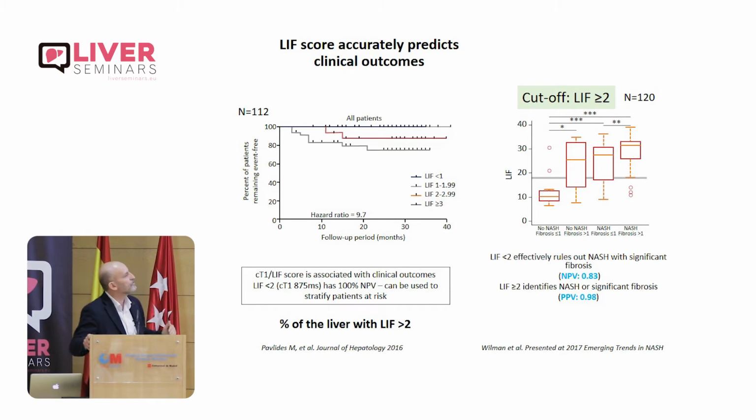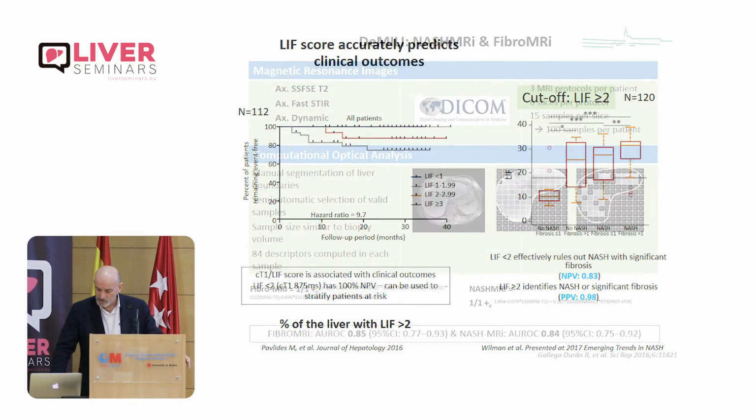The cutoff is 2, and they can separate perfectly patients with normal liver, no NASH, no fibrosis, at around 1, but patients with or without NASH, together with fibrosis or both, you can see how again it is higher than 2, but with overlapping results. This is a promising method. We can analyze together inflammation and fibrosis. We have a result that perhaps we can compare to see what is happening in the future with this patient, or if the patient is responding or not to the therapy.